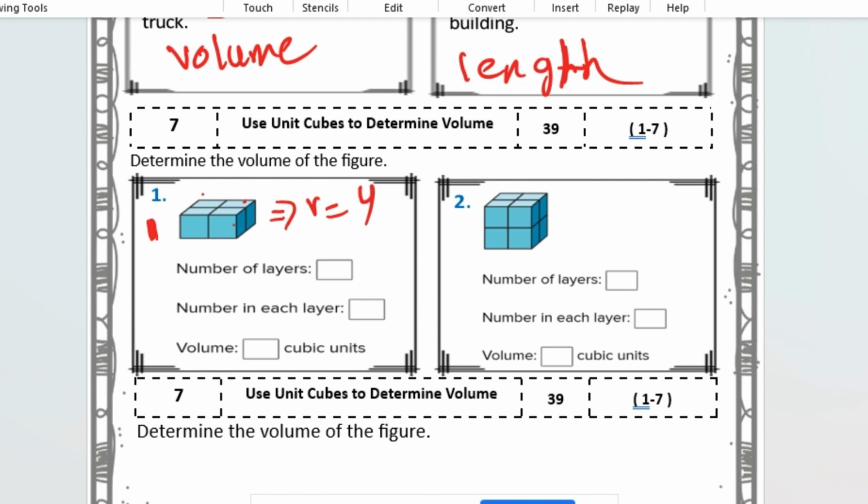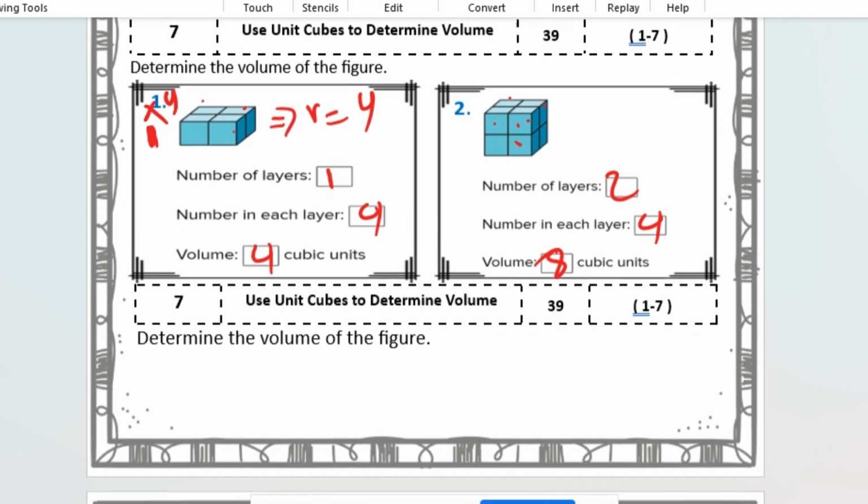Here we have one layer, and the number in each layer is 4. 1 times 4 is 4 cubic units. Here we have 2 layers, with 4 cubes in each layer. The volume is 4 times 2, which is 8 cubic units.